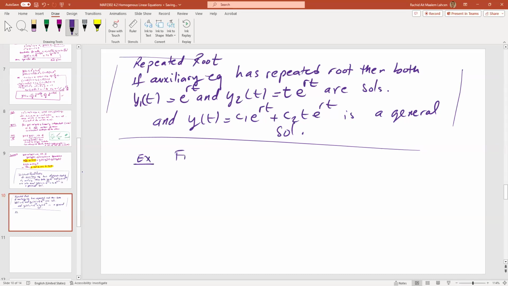Let's say to find the solution for this, I'll give you the background quickly, then maybe do details in other examples. Of course, you need here two initial conditions.